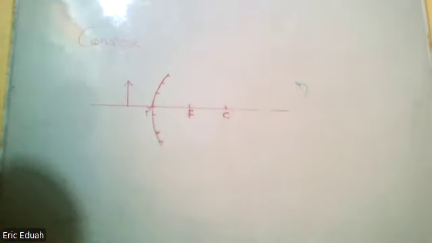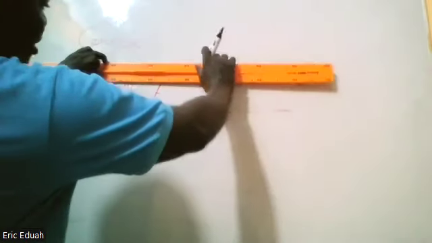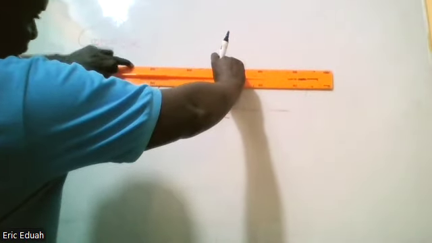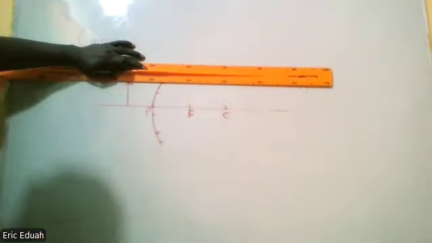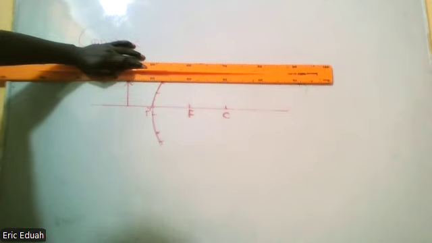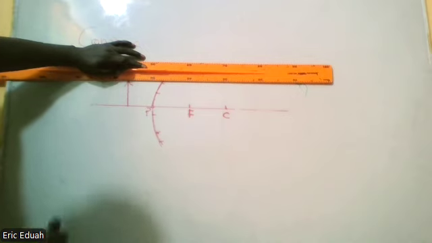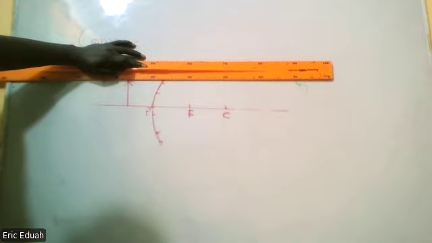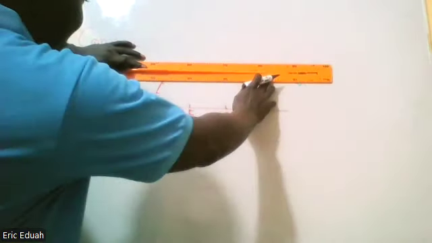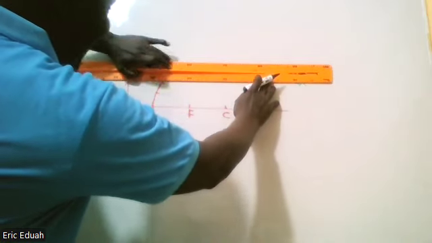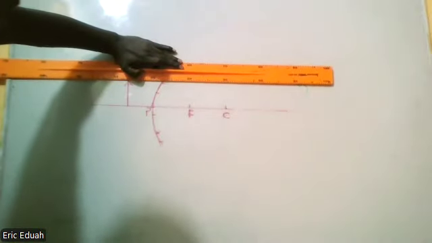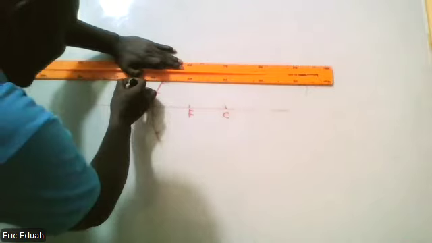A ray of light parallel to the principal axis.